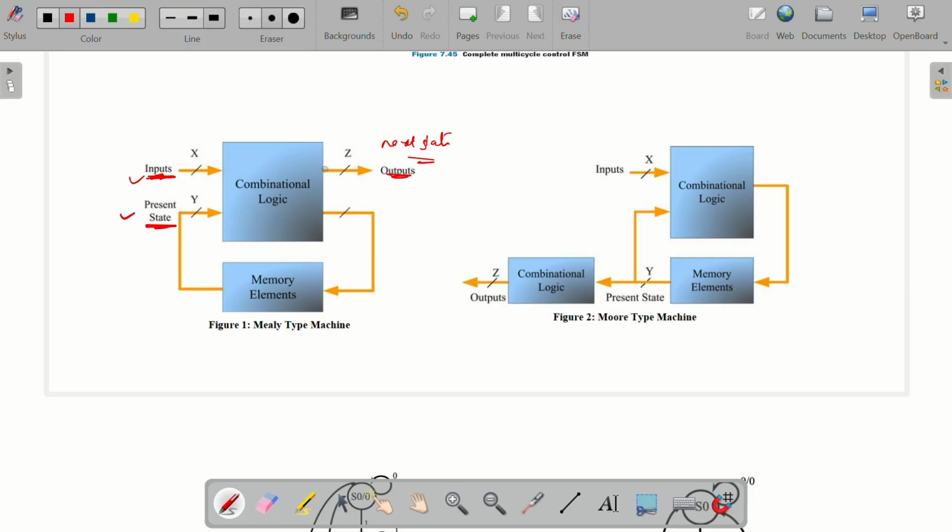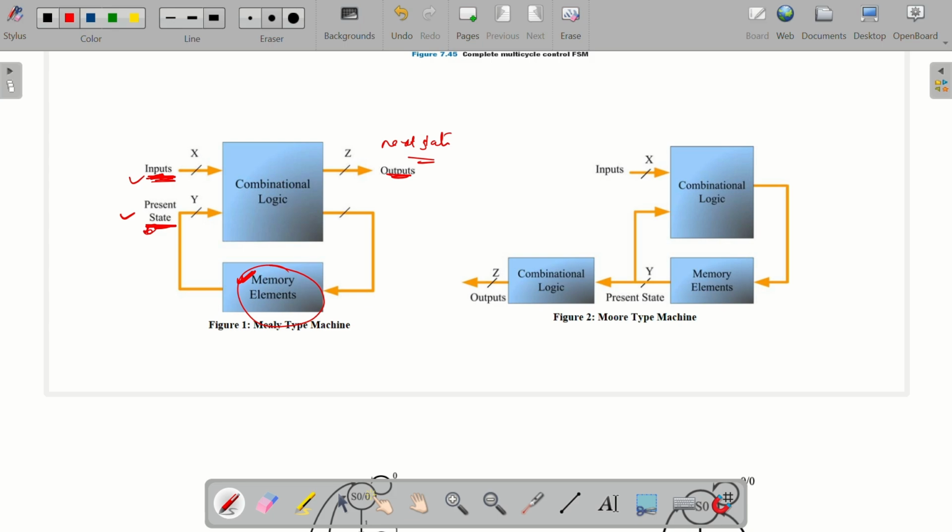Since at every clock edge your state will change, you need memory elements to store the present state. All the present state information will be stored, but in the next stage, since there will be a loss of information, that's why you need memory elements. It holds the present state and gives you the values based on which you figure out the next state.